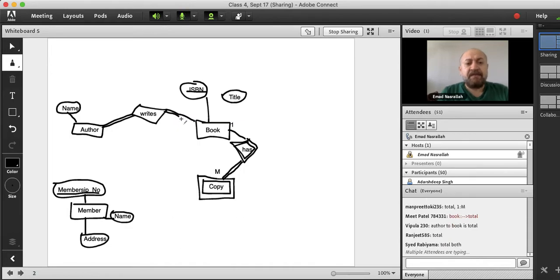We can never find a book without an author, and all authors are here because they have books. How about cardinality? One to many, because each author can write many books. Yes.